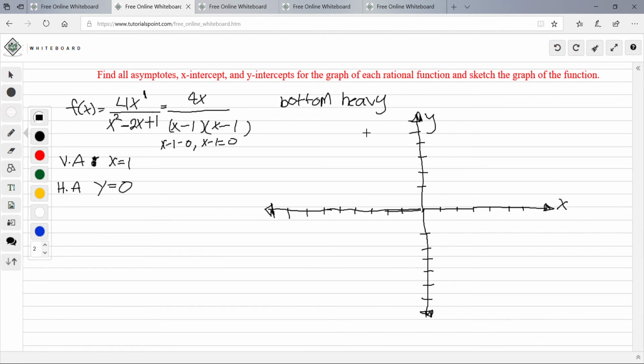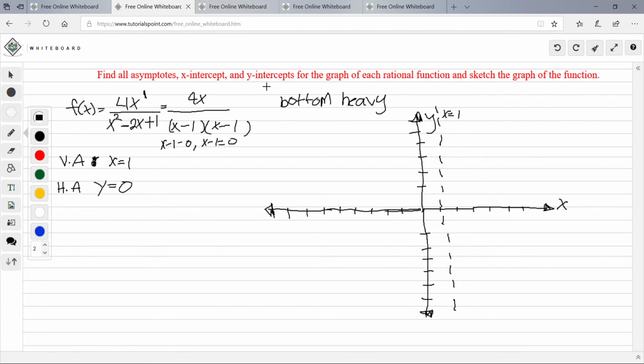Okay, so we said our vertical asymptote is x equals 1, so here's 1. You can label this as x equals 1. And then our horizontal is y equals 0, so you don't have to make the dashed line, but just remember it doesn't go through the y equals 0.